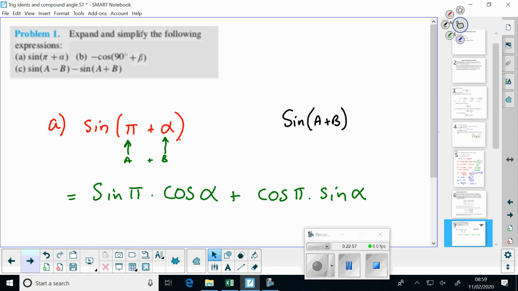What's the sine of pi? Think about the graph: zero, pi over 2, pi, 3 pi over 2, 2 pi.